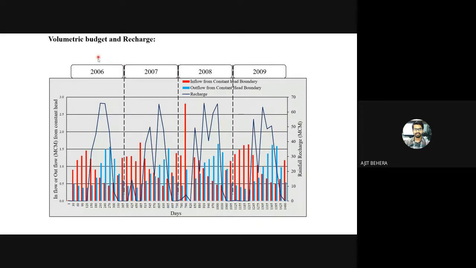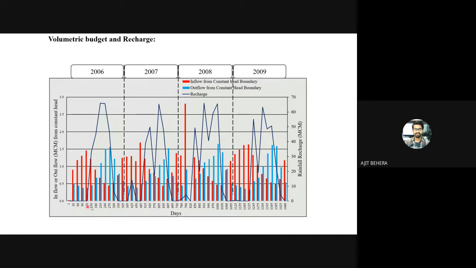So first, in 2006, this line is the recharge line. In the recharge line, we have high recharge. So here we have days. In India, you consider one as January 1st, then 365 means December 31st.